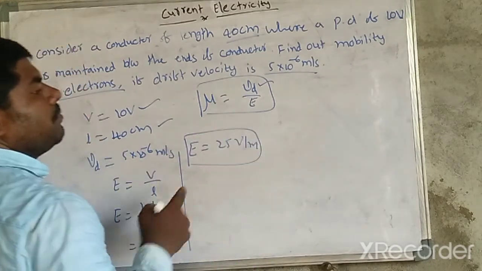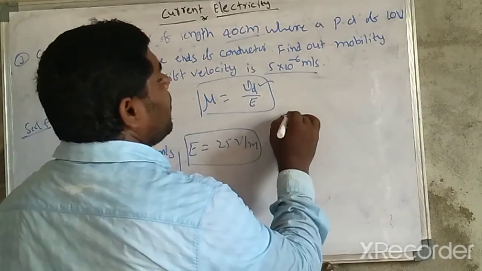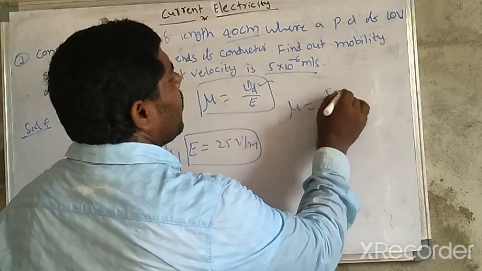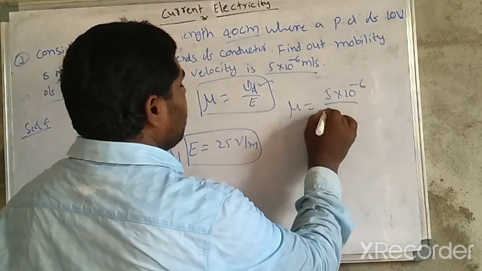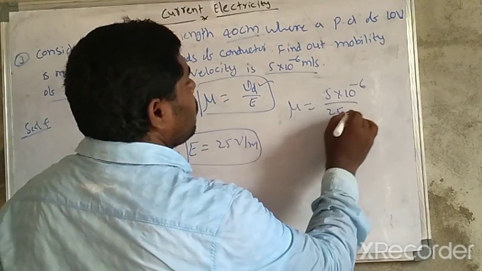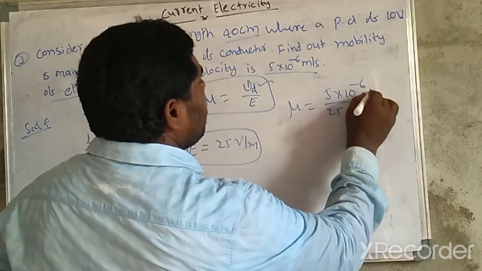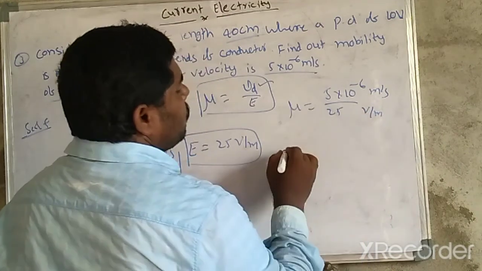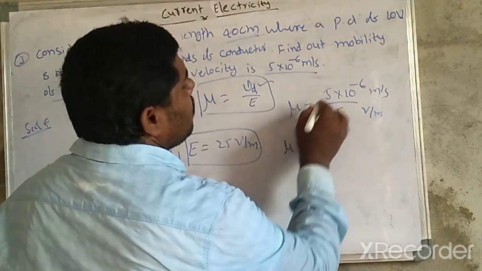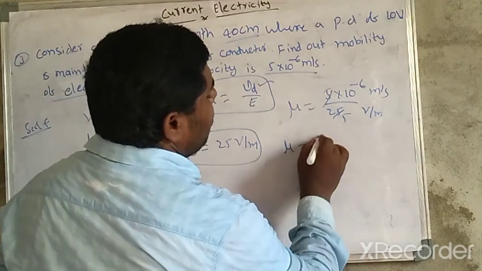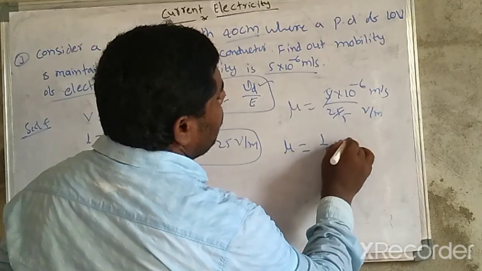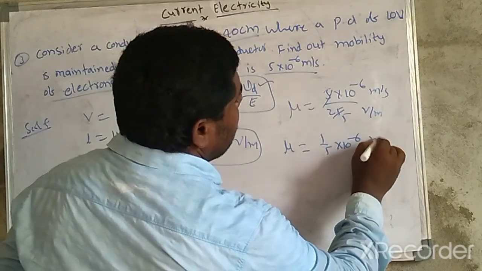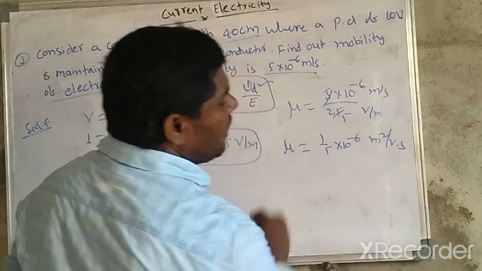Substitute here. Mobility mu is equal to 5 into 10 to the power minus 6 divided by 25. Here meter per second, here volt per meter. So mobility is equal to 1 by 5 into 10 to the power minus 6 meter square per volt second.